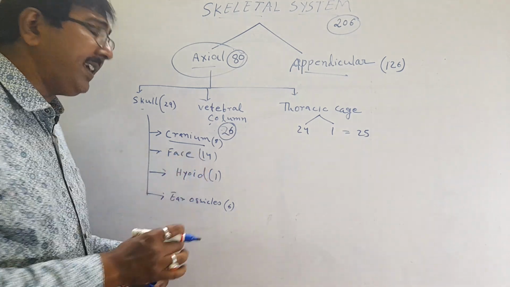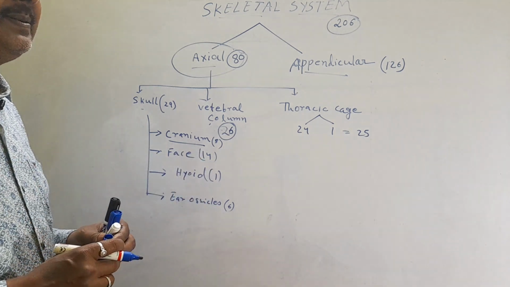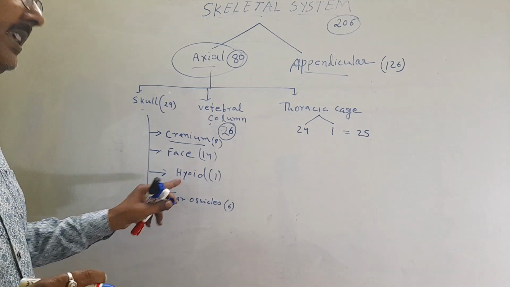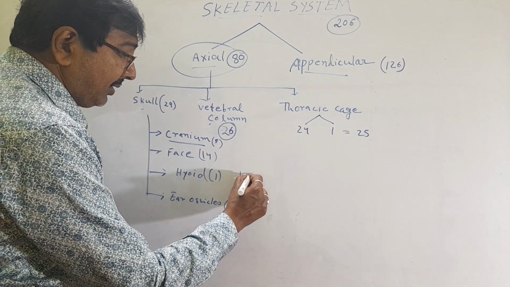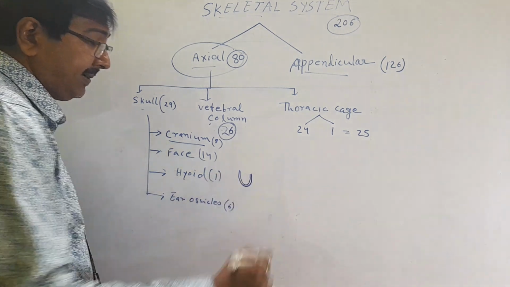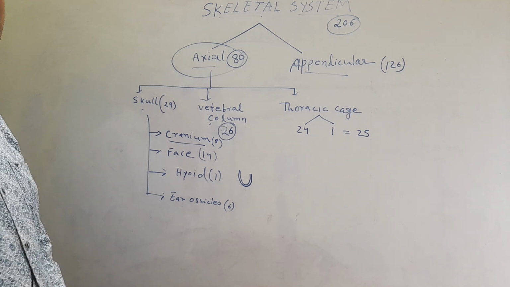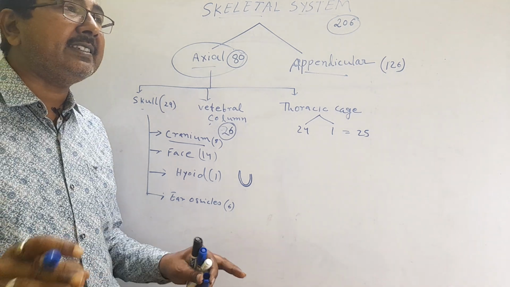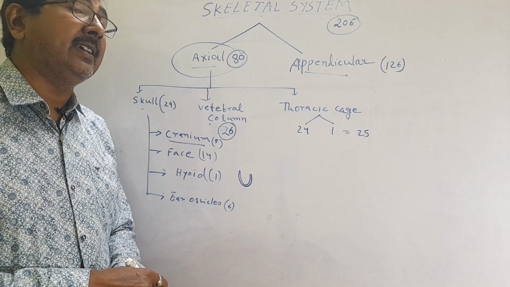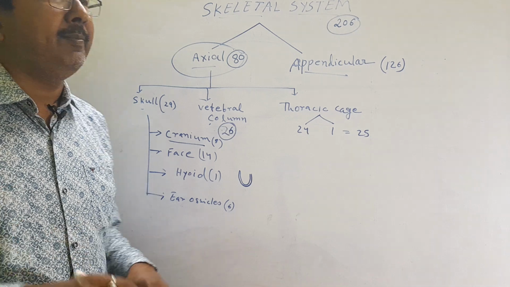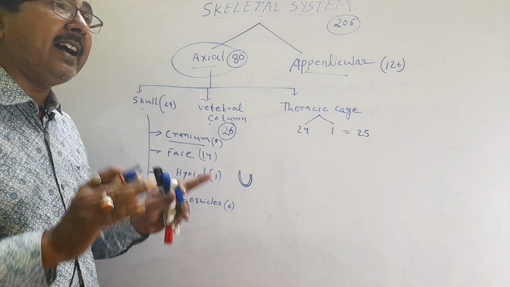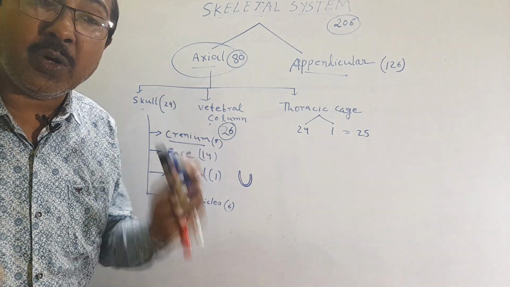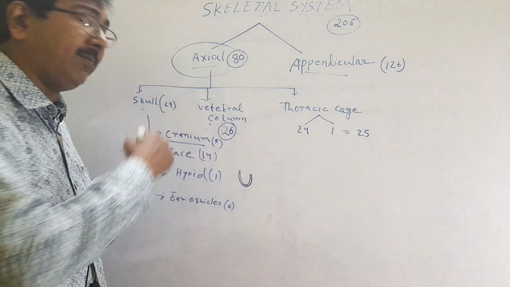In the face there are 14 bones. The hyoid is very important. It is a small U-shaped bone just inferior to the mandible. It is the only bone that does not have any joint, which is a very important point.